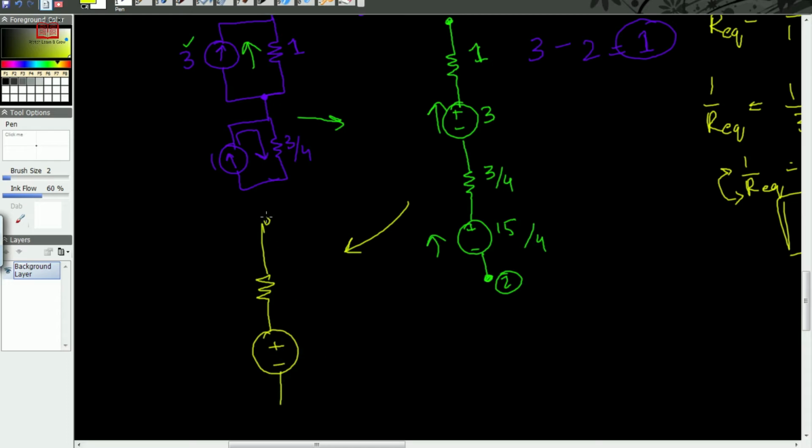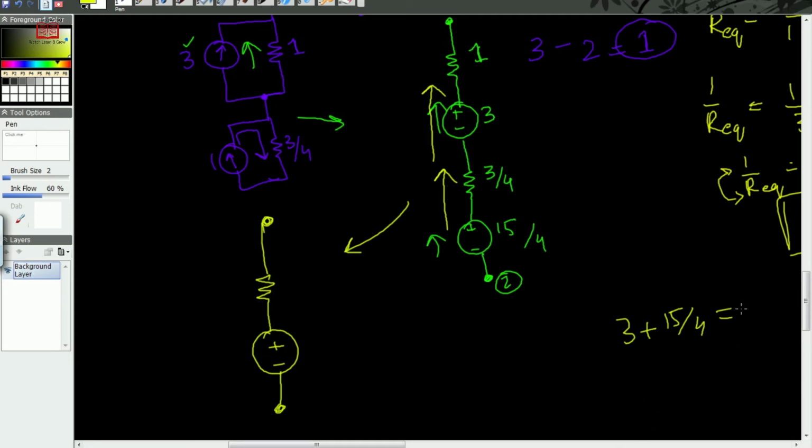Only one voltage source is needed. This can be replaced easily. And what is the way? 3 plus 15 over 4. Just add them. Because both voltage sources are going from bottom side towards upper side, the polarity is same. That's why I am adding them.